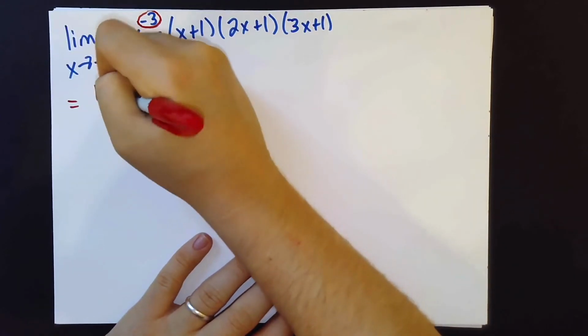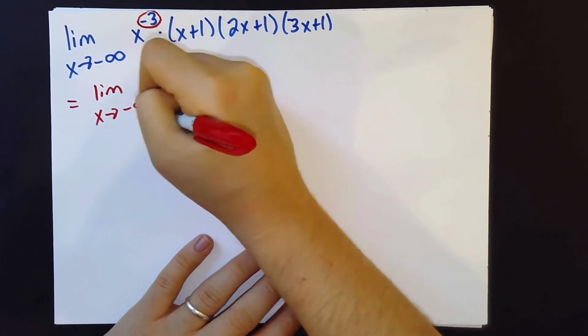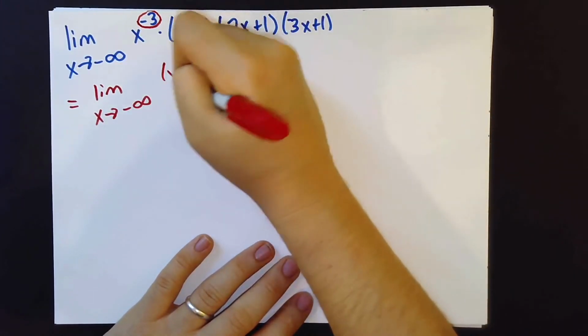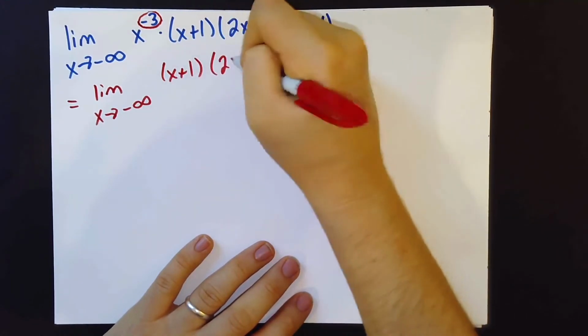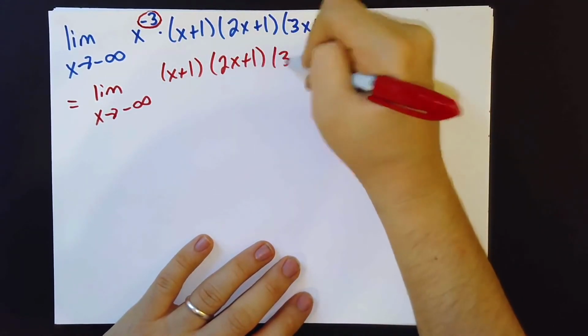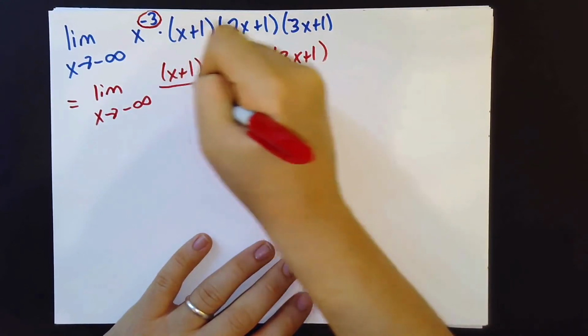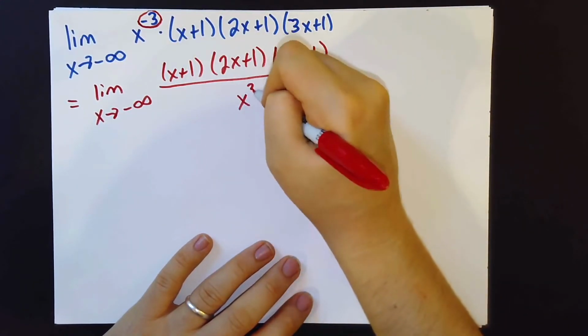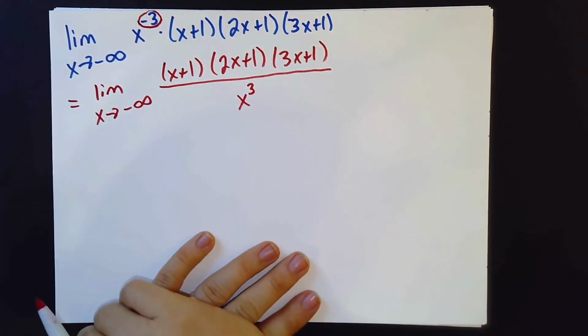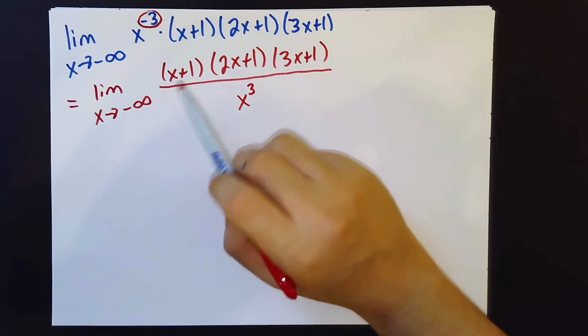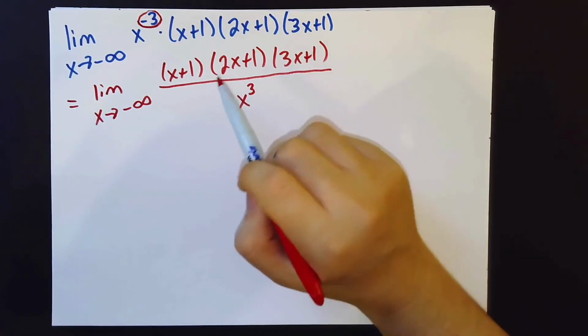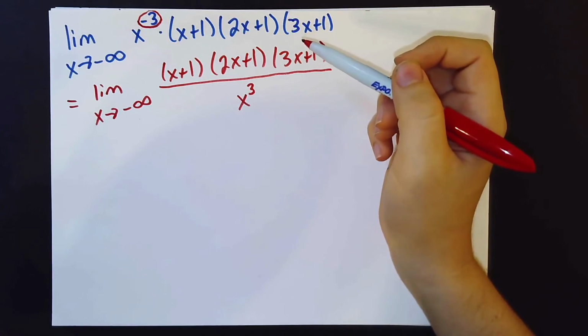So this is really the same thing as the limit as x goes to minus infinity of x plus 1 times 2x plus 1 times 3x plus 1, all divided by x cubed. So now I have to throw away all but the highest order terms.